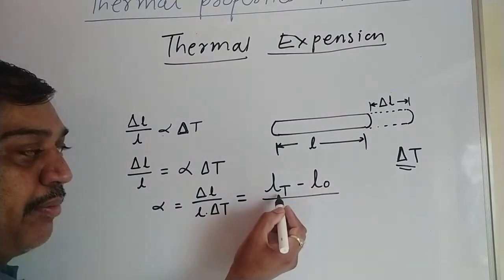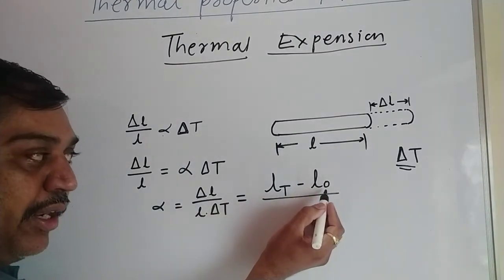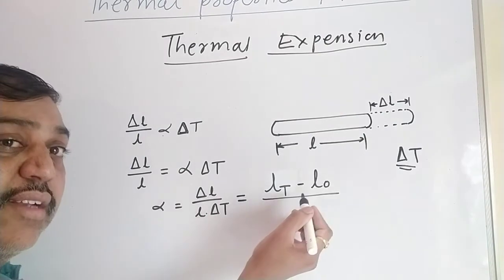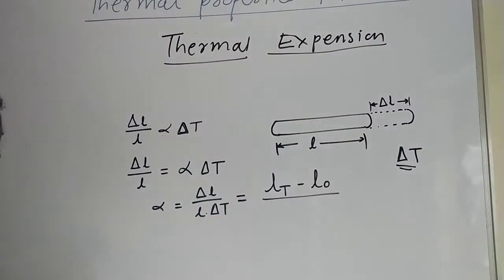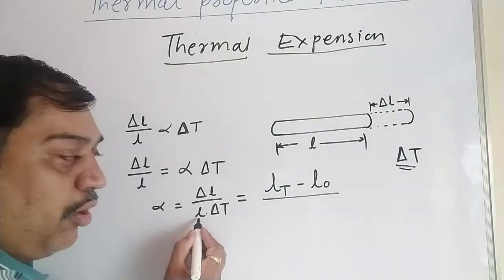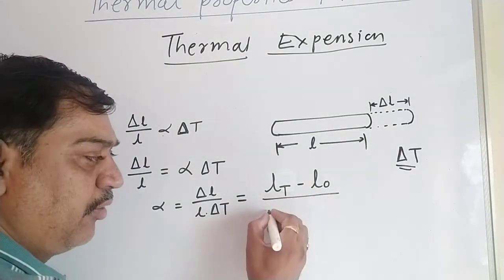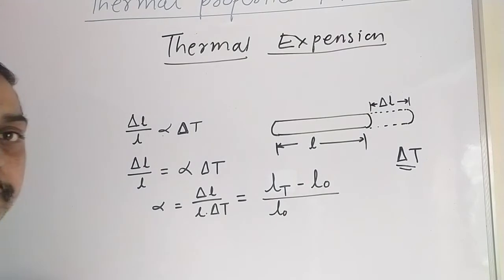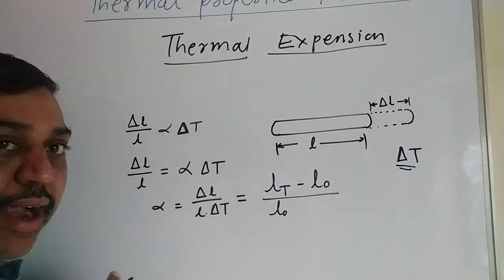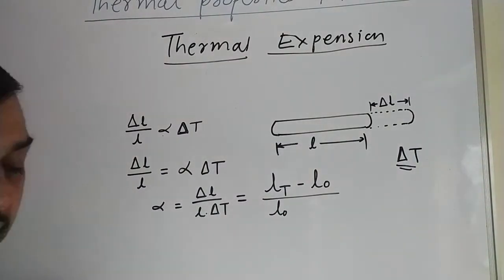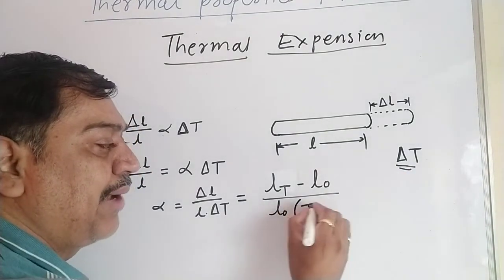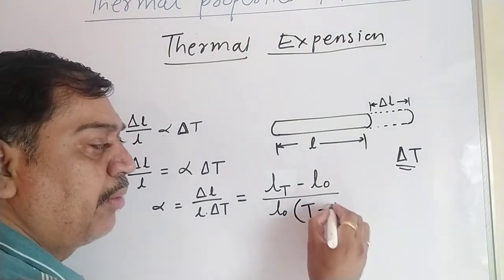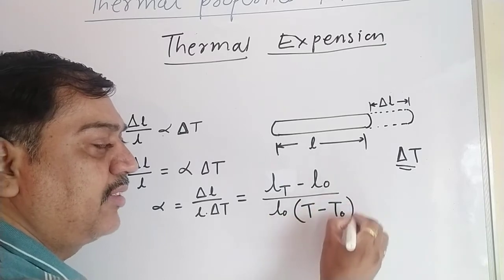So the higher temperature length minus the lower temperature length gives the increase in length, or change in length, delta L. And here this L means the original length at 0 degrees, so it should be L0. Divide by L means divide by L0. Delta T is the change in temperature: the higher temperature T minus the lower temperature, 0 degrees Celsius, T0.